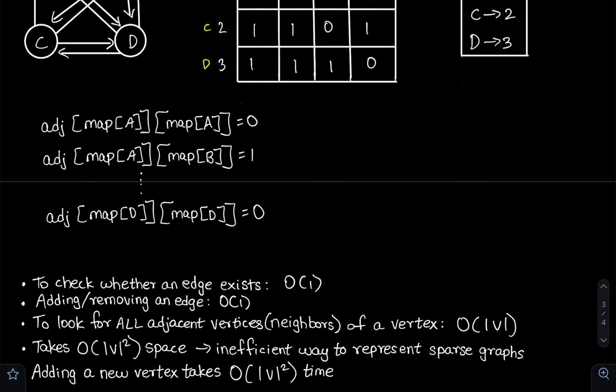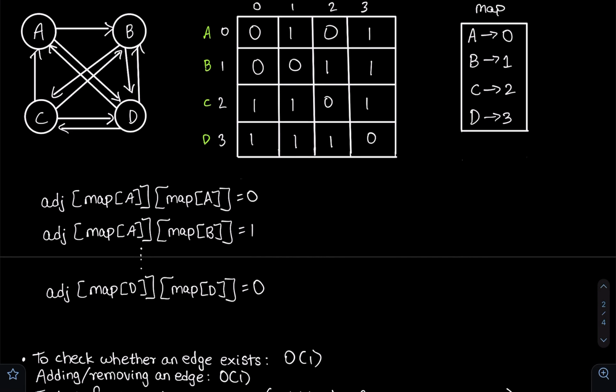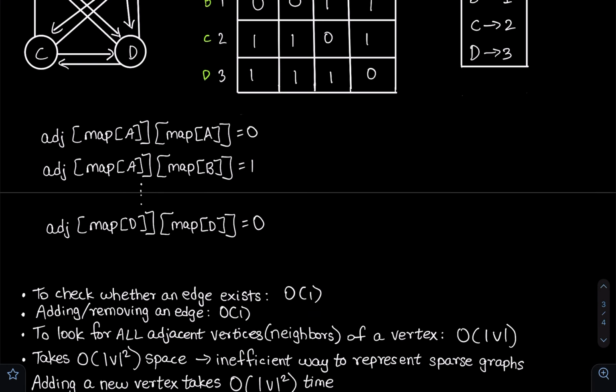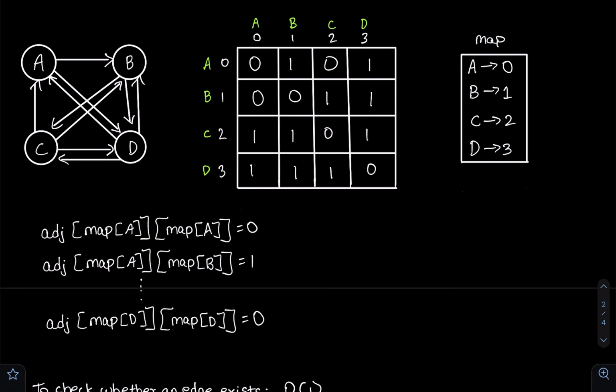So to look for all adjacent vertices, it takes big O of the number of vertices time, because as we remember, the number of columns and the number of rows are the number of vertices. Here we are only concerned about the number of columns, which is equal to the number of vertices.